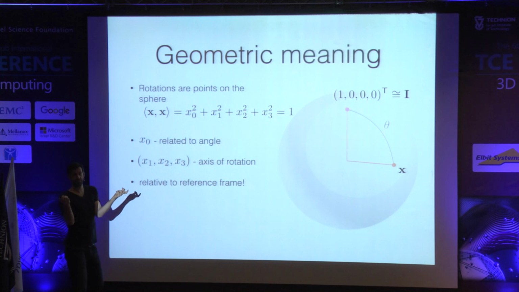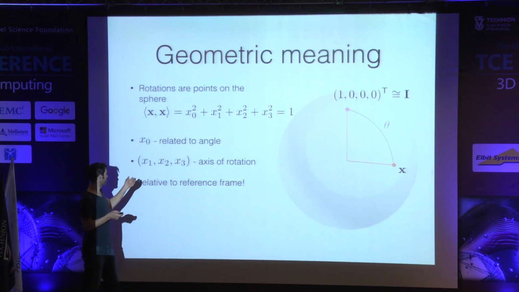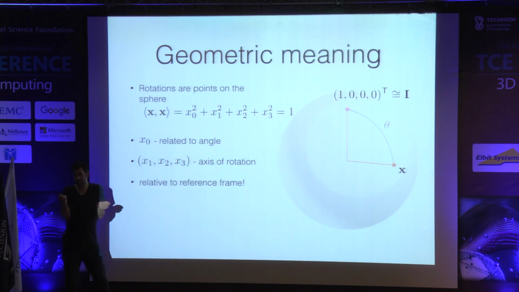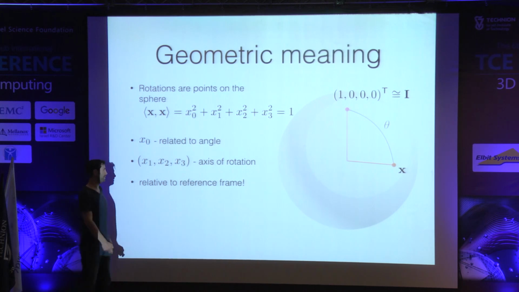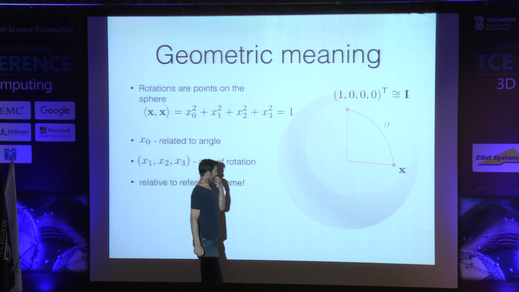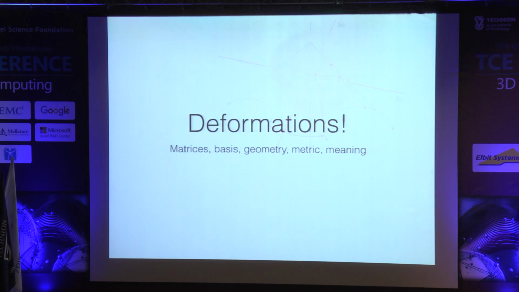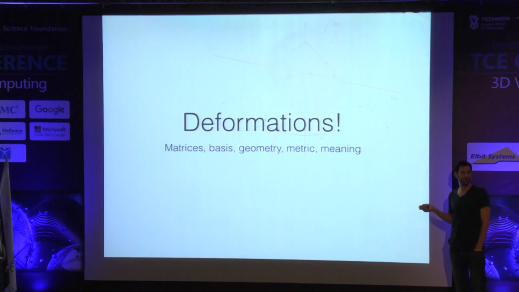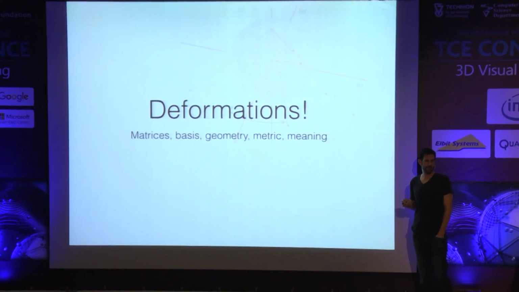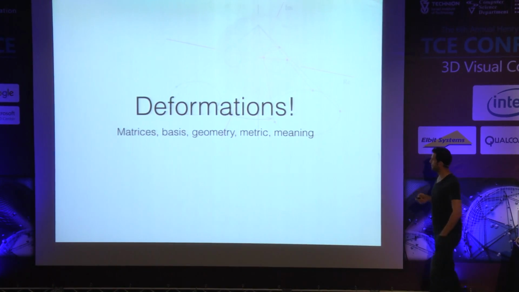I need to pick some reference frame, and then x1, x2, x3 give me the axis of rotation, but it's relative to the reference frame. Good. So now, the plan is to do the same thing, but for deformations. I will go a little slower now, because I would think this is new to more or less everybody.